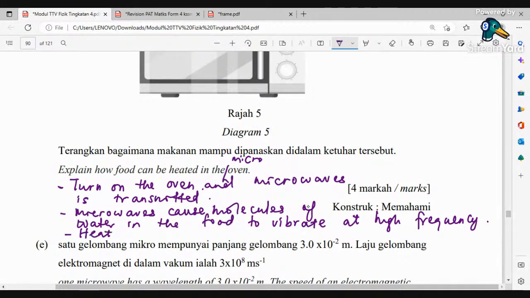Heat energy, sorry, high energy, large amount of heat released out and cook the food.